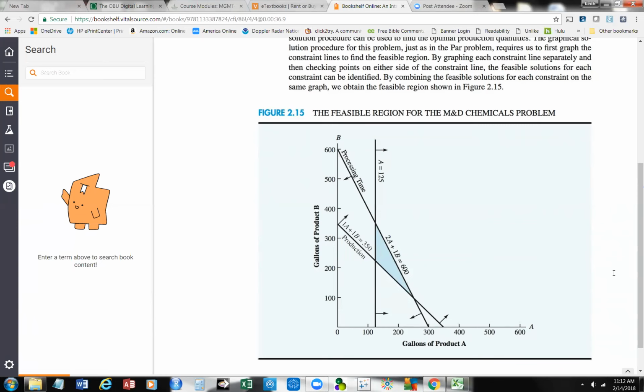And what we're after is what's the feasible region, okay? What's the region where we're going to find the best response we can get, okay? And here it is. Here's the feasible region. That means we have a very, very narrow set of possible choices. Although, theoretically, this is an infinite set.